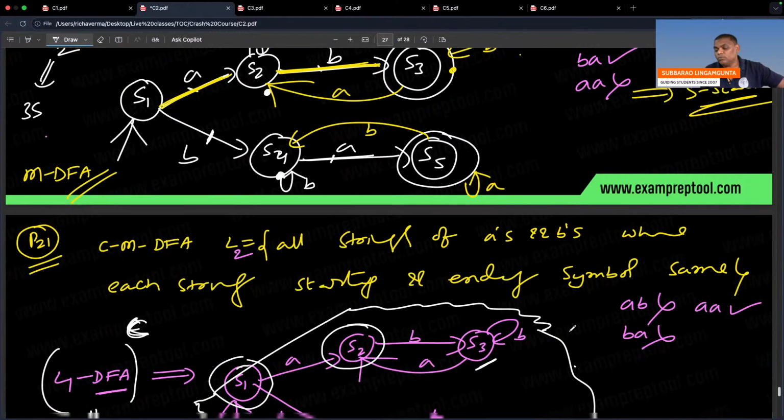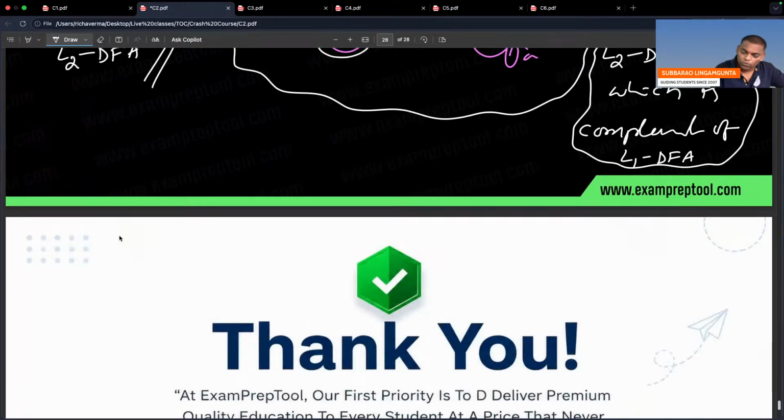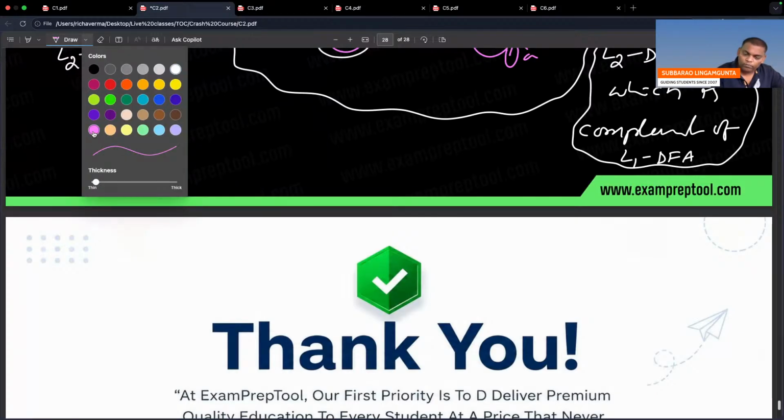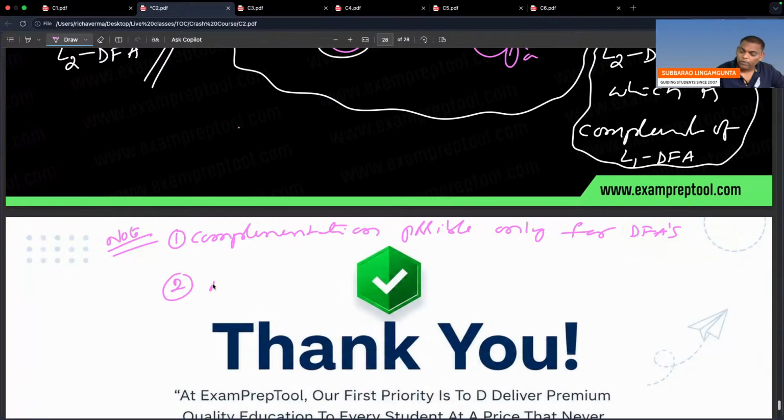So I am writing a note: complementation possible only for DFAs. NFA to NFA complementation, no guarantee.